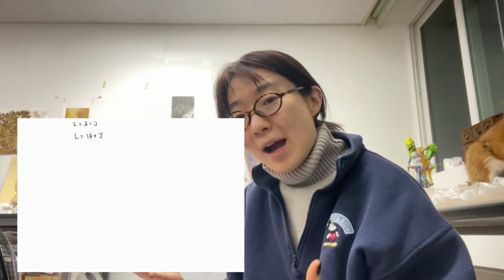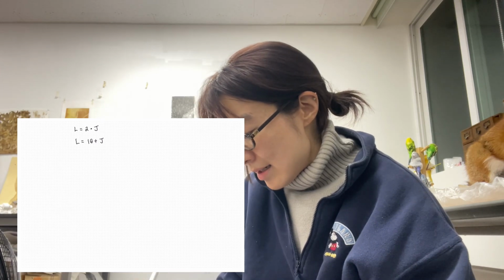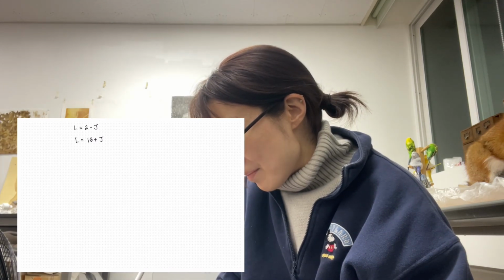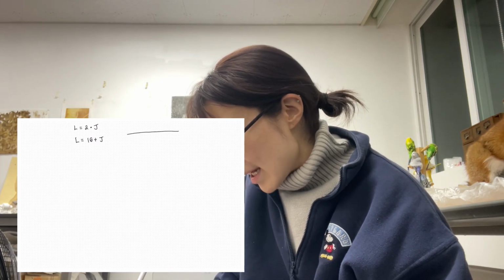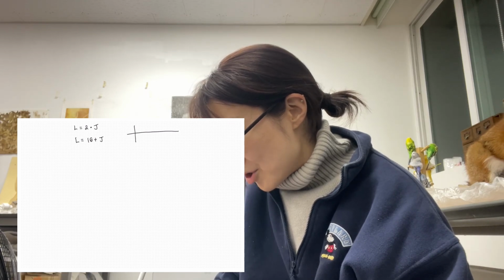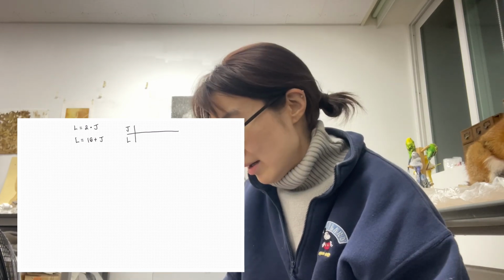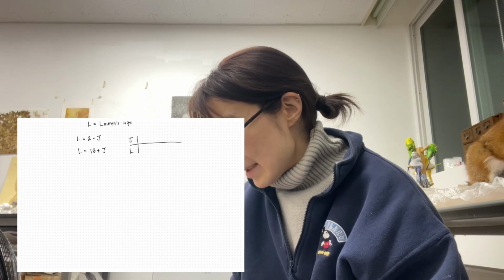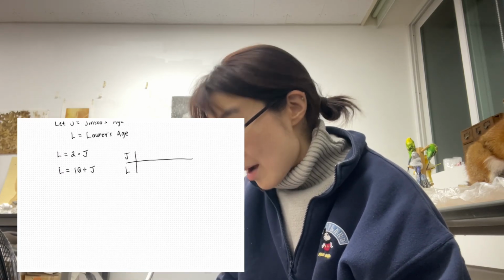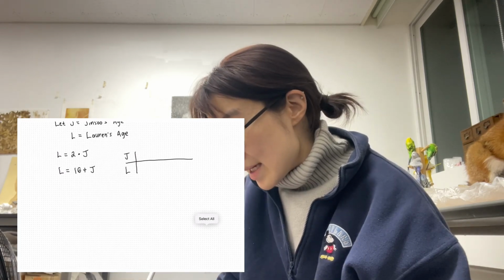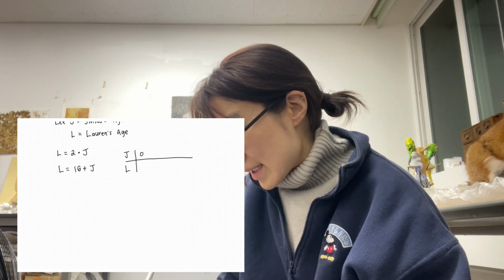and if I were to graph this, I can make a simple table like so, where I put J and L. When J is 0, Lauren is 16.